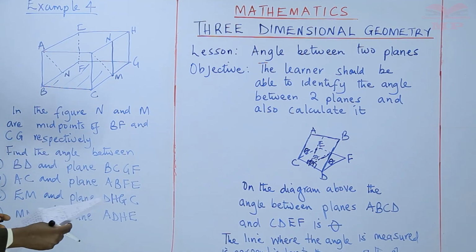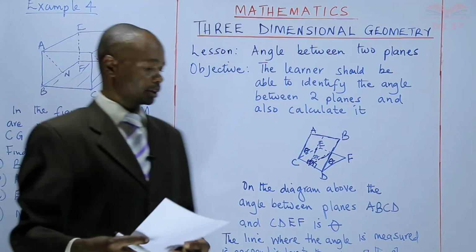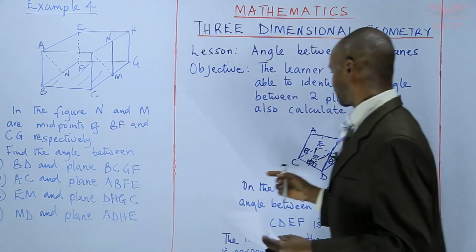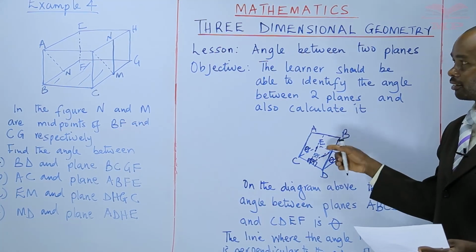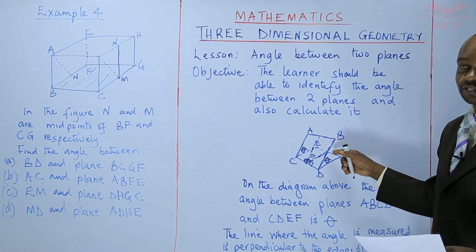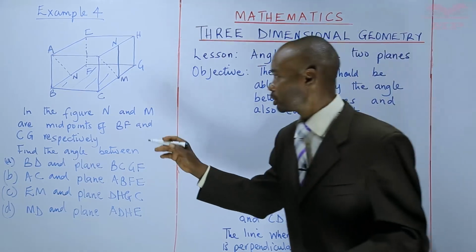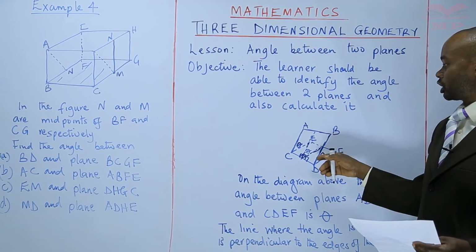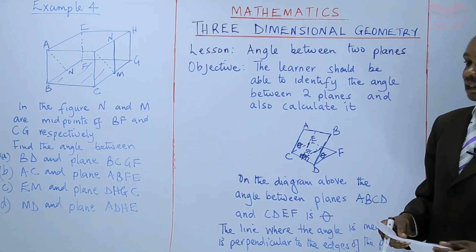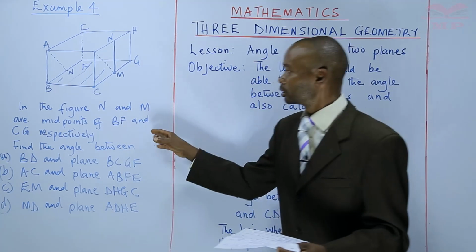So you realize in the question, it stimulates you to first of all get a line. When you get a line on a plane with the other plane, it's just the same as the angle between the line, the plane where the line is and the other plane. So we shall go to our diagram.